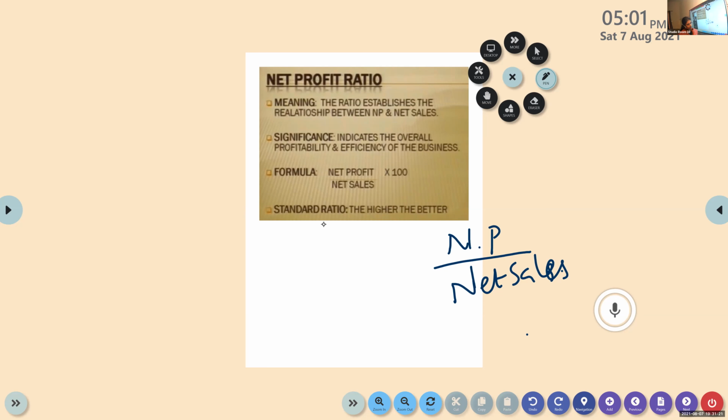Now this ratio, NP by net sales, will help us to know how much profit is available for the shareholders. What do you do with this net profit in a business? In a normal business, we add this net profit to the capital in the balance sheet. Coming to partnership, what are we going to do with the net profit?